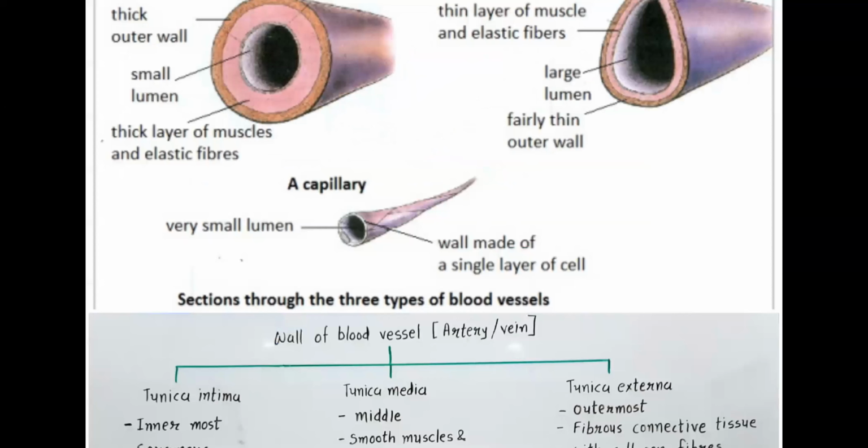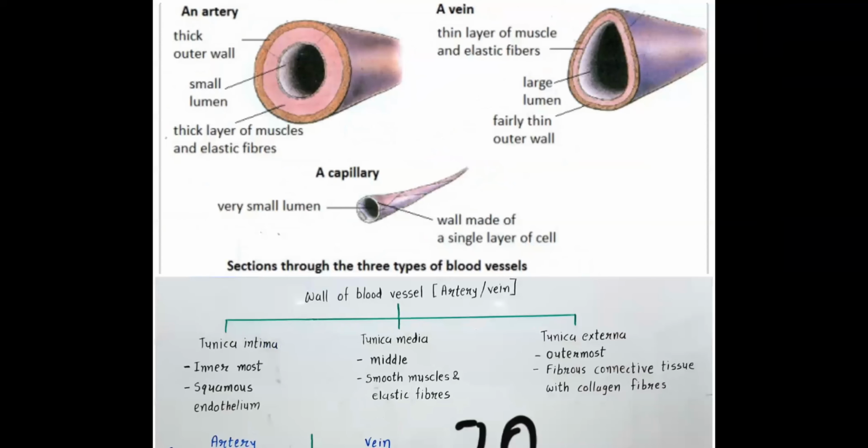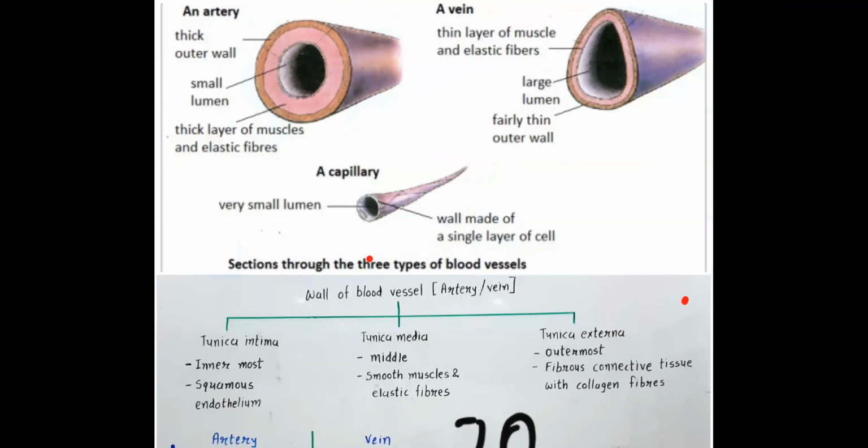First of all, tunica externa, then tunica media, and then tunica intima. If you see, a three-layered wall around the artery or vein, typical blood vessel, artery, arteriole, venule, and vein.